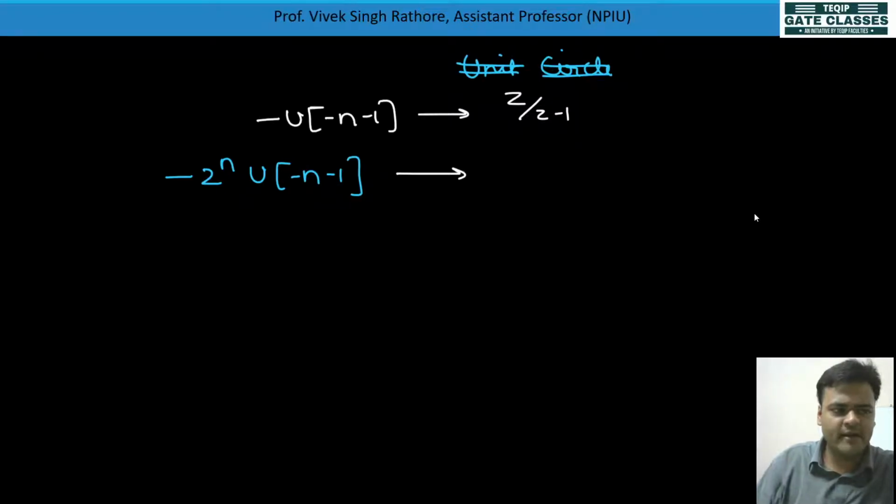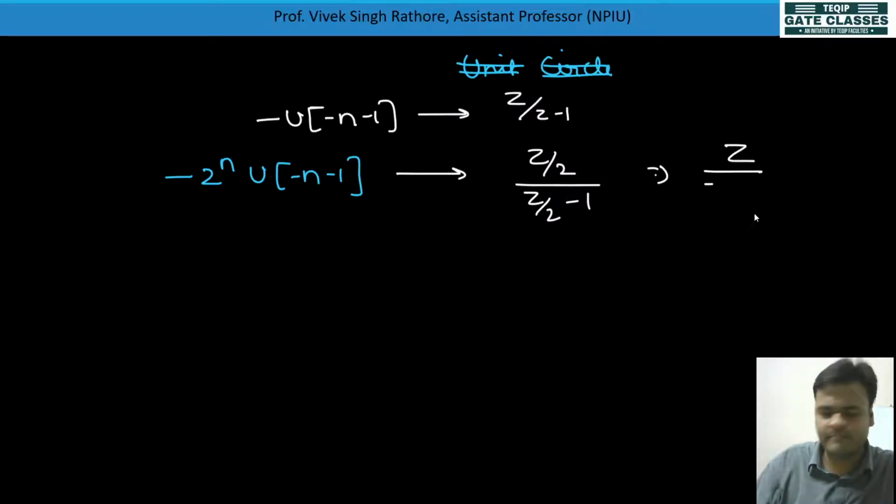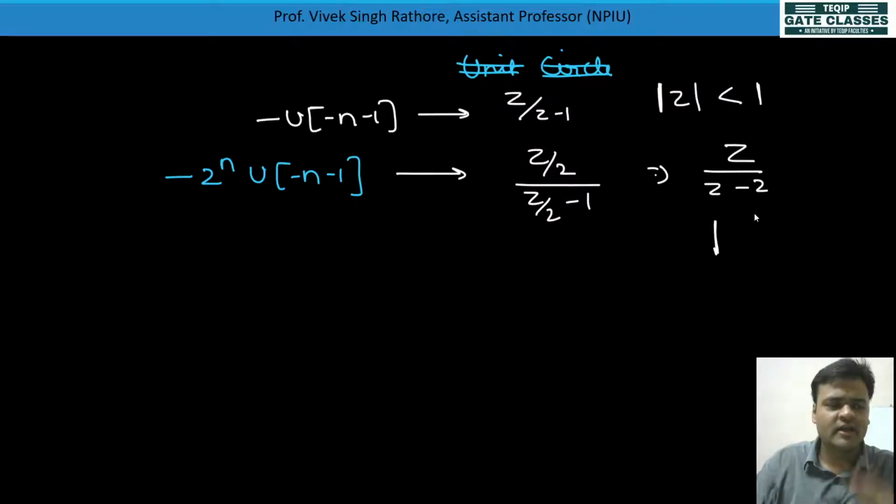If you multiply by 2 to the power n, z by 2 will come, so here it will be z by z minus 2. And mod z will be less than 2, because it is a left sided signal.